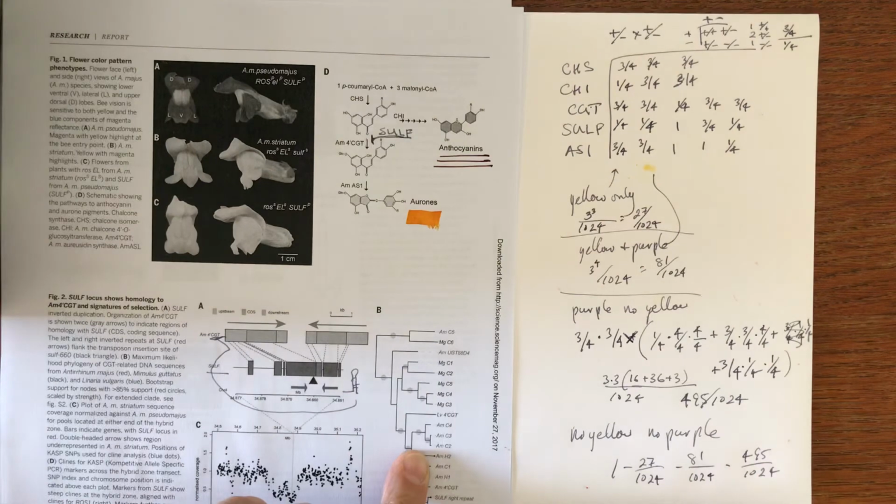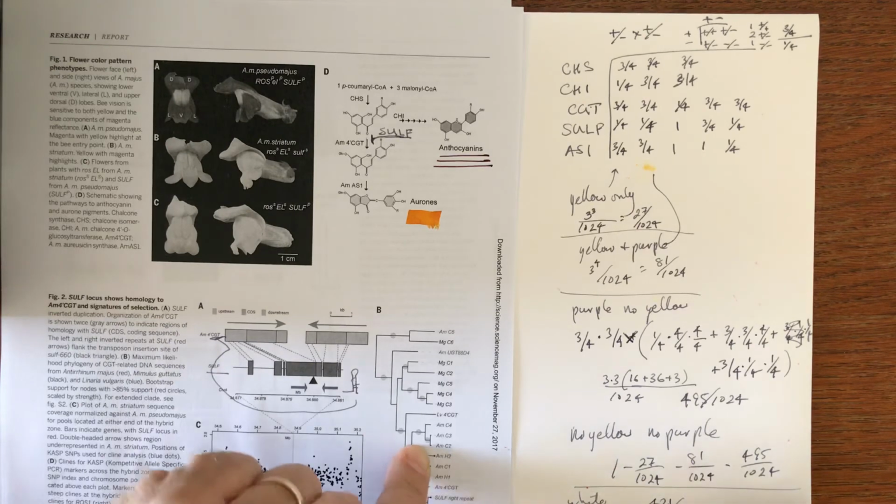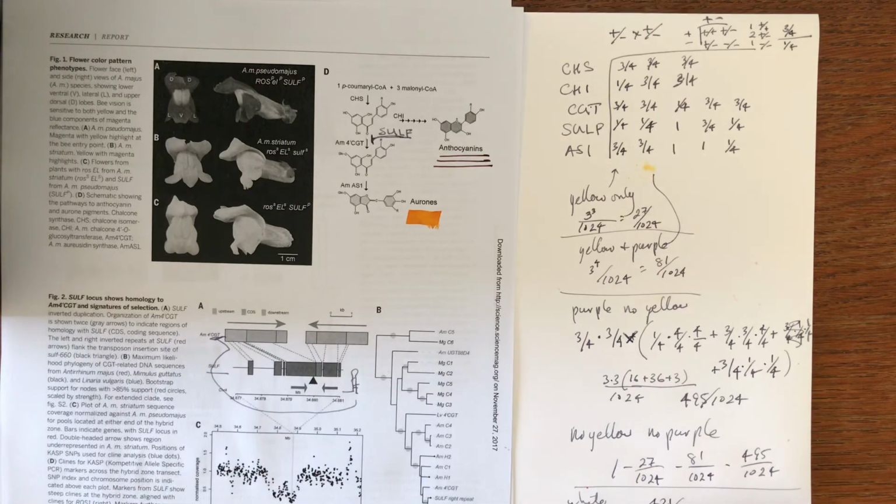And so you get something where you have three terms, and that ends up to be 421 10/24 for white, or unable to make purple, no yellow, no purple, and it adds up, and you can see that they all add up together to 10/24. So that's a good exercise.